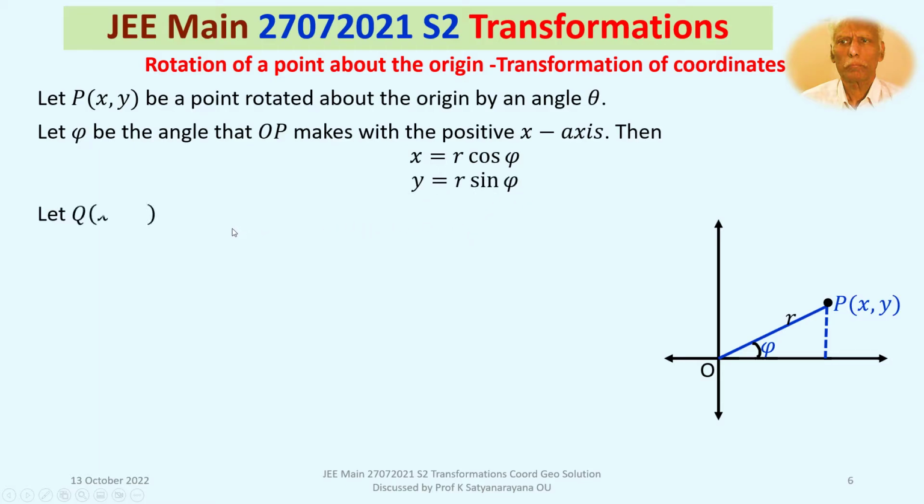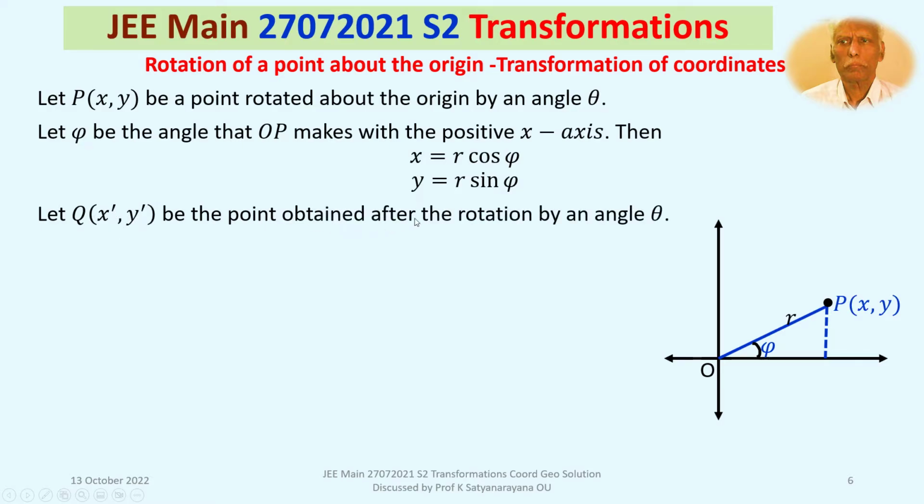Now let Q (x prime, y prime) be the point obtained after the rotation by an angle theta. OP on rotation becomes OQ, which makes an angle theta plus phi from the positive x-axis.